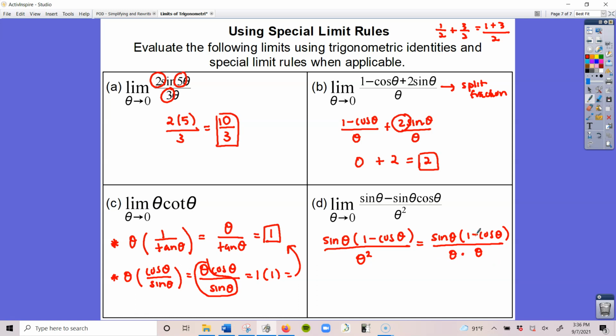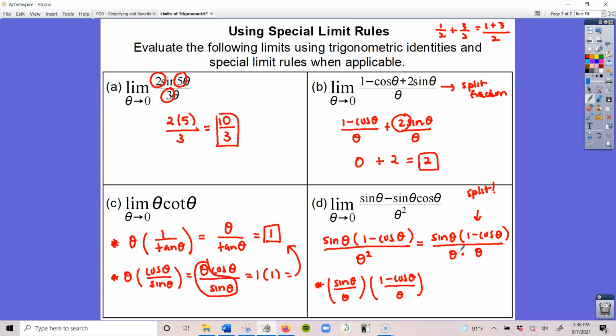So again here, I can still split this fraction. But this time it's not the same as addition, where everything is over the same denominator. When we multiply fractions, you multiply straight across. So let me show you. This is the same thing as saying sine of theta over theta times 1 minus cosine theta over theta.